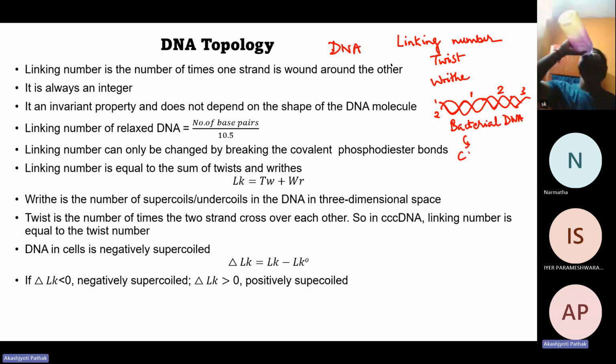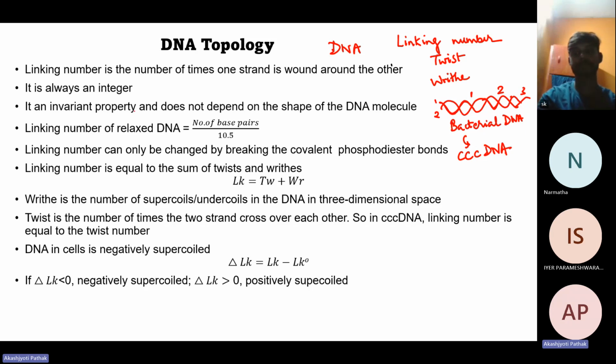So in an intact covalently closed circular DNA, the linking number will not change. If the two strands of the DNA are intact, then the linking number will remain constant irrespective of the shape of the DNA molecule.